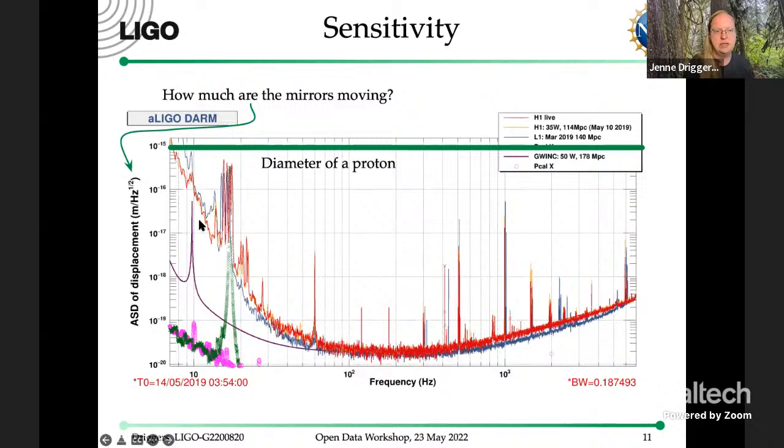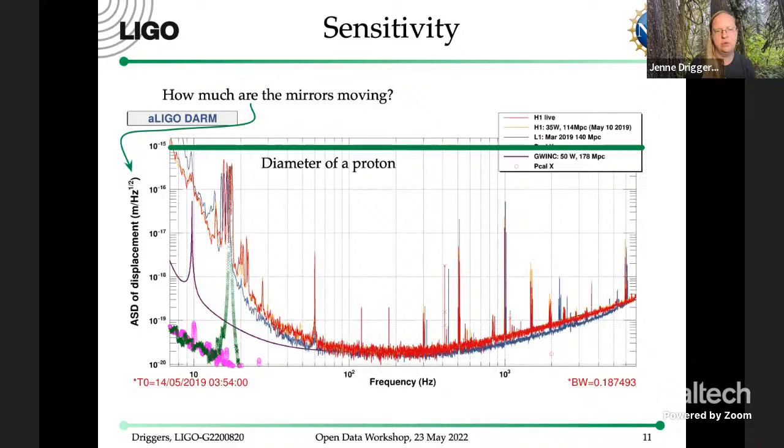And these other traces in red, yellow, and blue are the sensitivity of the actual gravitational wave detectors at some point in time. The blue is the Louisiana detector, and the red and yellow are two different points in time of the Hanford interferometer. And you can see that particularly above 100 hertz, we are impressively close to where our design sensitivity is. So we do a nice job of achieving the sensitivity that we think that the hardware can give us.